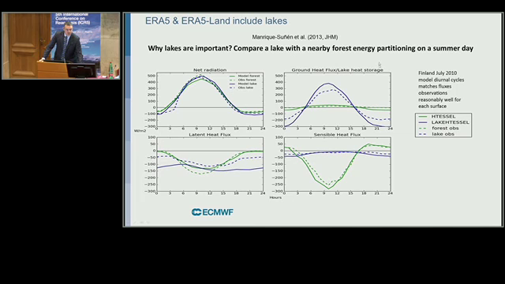There are more than 200 watts per square meter between a lake and a nearby forest. And the model is able to reproduce this kind of energy partition, provided we know where lakes are, so if we do have a map that reliably detects where lakes are. So this is all about the current modeling.